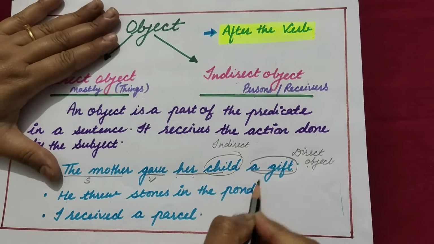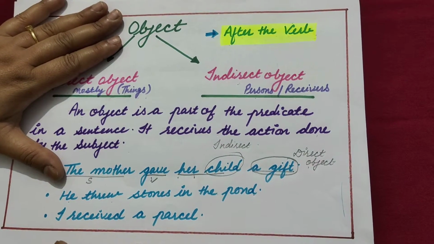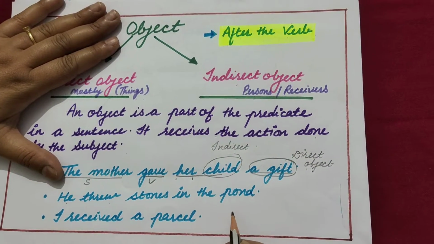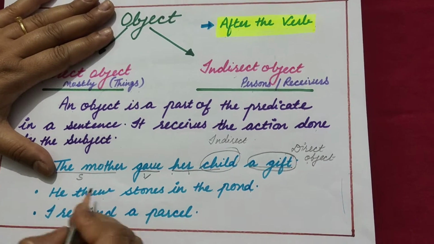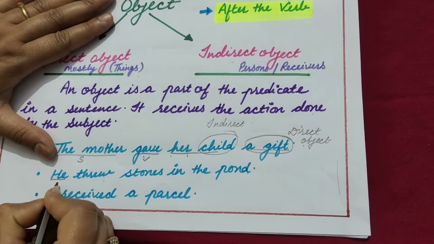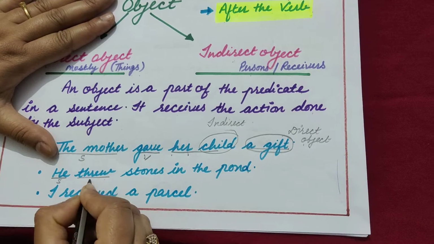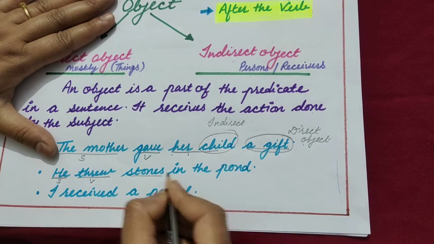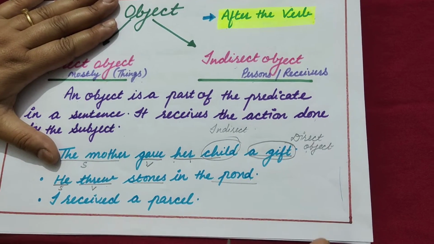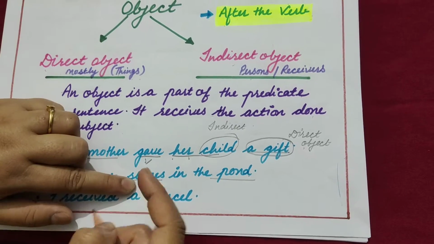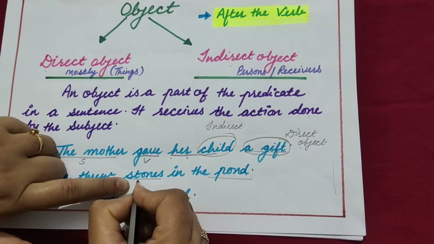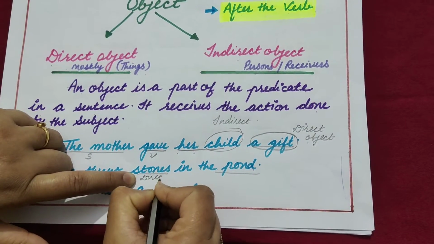Next one is, he threw stones in the pond. I have told you, every time you will not get the persons. So, there you have to keep in mind the receivers. So, let us see, he is the subject here, threw is the verb here. Now, stones and pond, two things are there. Which is the thing? The things are the direct objects.